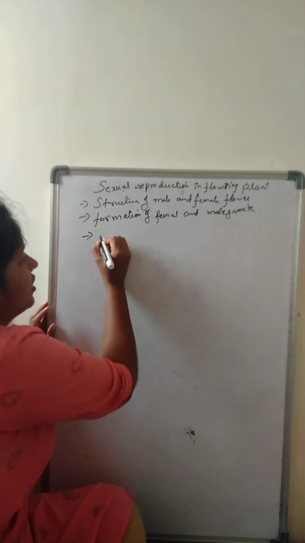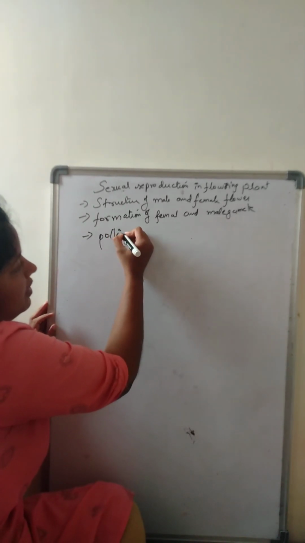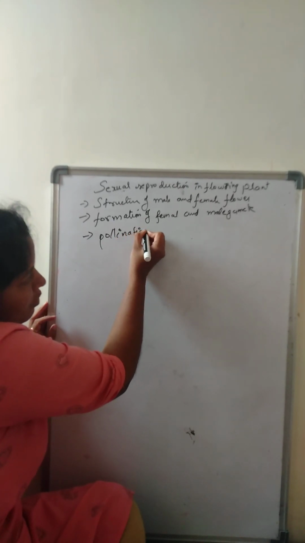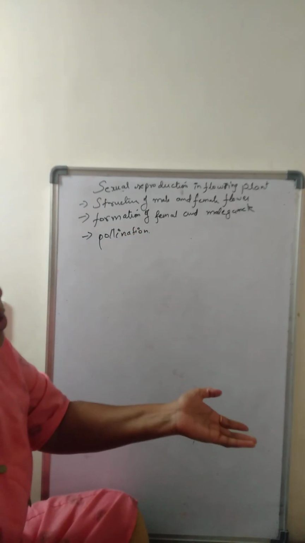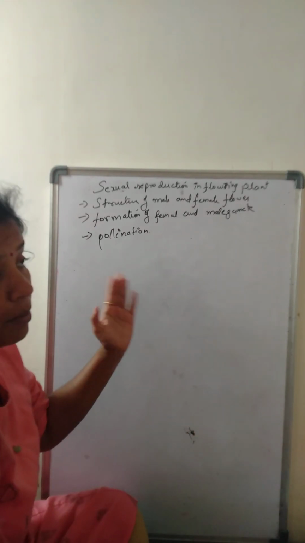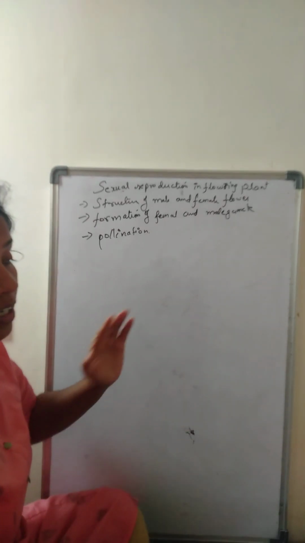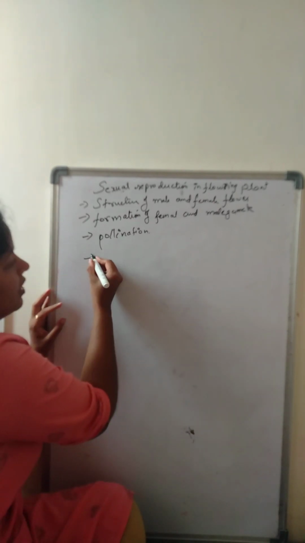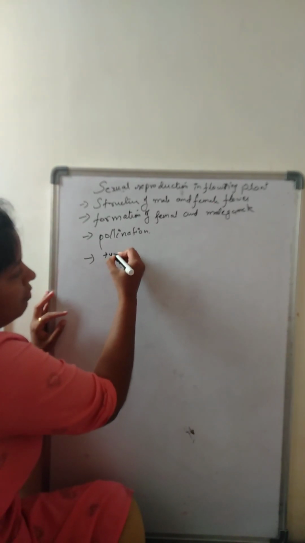Okay, next will be your pollination. What is the meaning of pollination? Here we see the fusion of two gametes. In flowering plants, pollination happens. Then we are going to study the types of pollination.